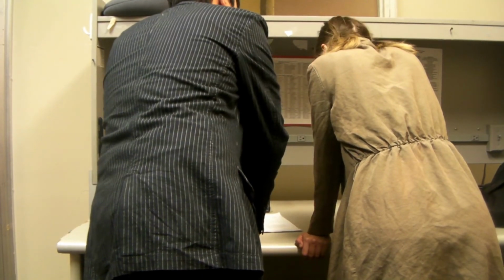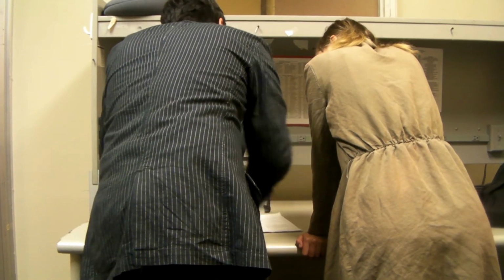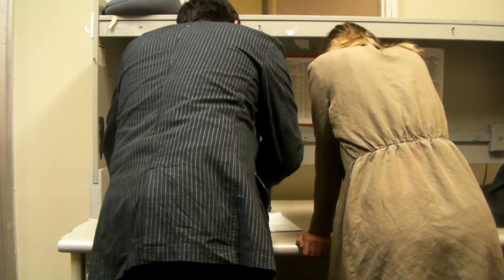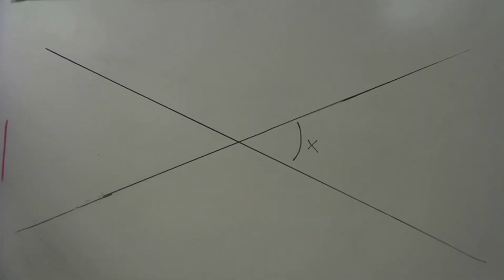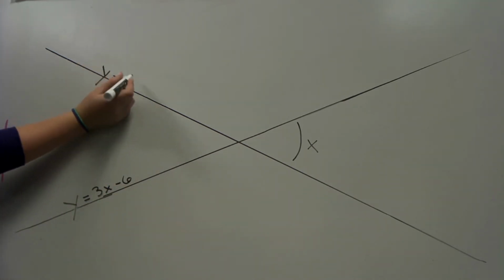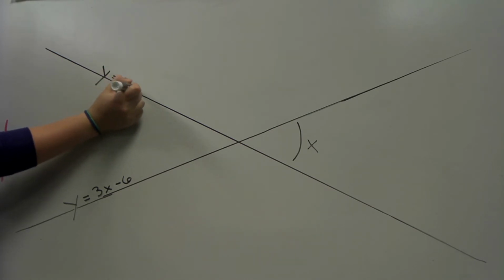Murders are happening in a linear pattern. See? Yeah. We could find the angle between the two lines and use that to find the murderer. Show me. Okay, so the equation of the first line in the pattern is y equals 3x minus 6. The second line shown is y equals negative 2x plus 3.